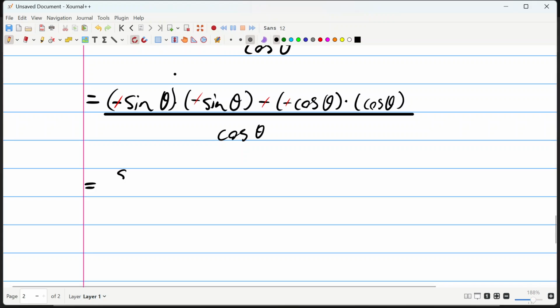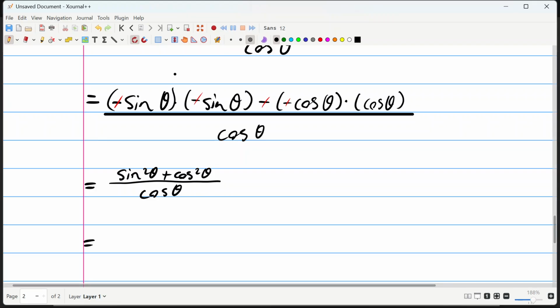So then we will be left with sine square theta plus cos square theta divided by cos theta. And remember that this is nothing but the identity, which is equal to 1. So therefore we'll have 1 divided by cos theta.